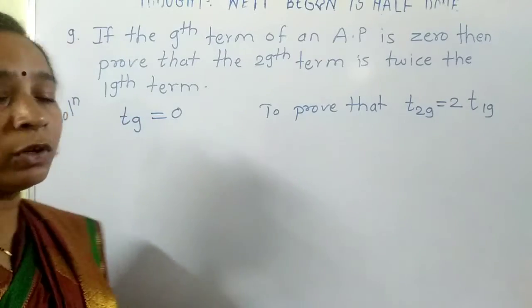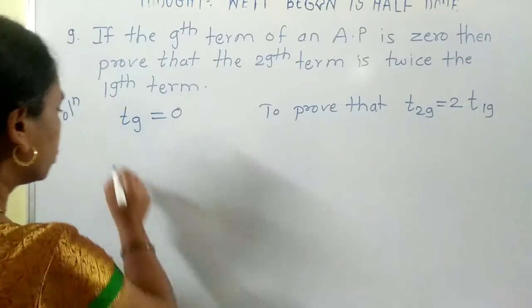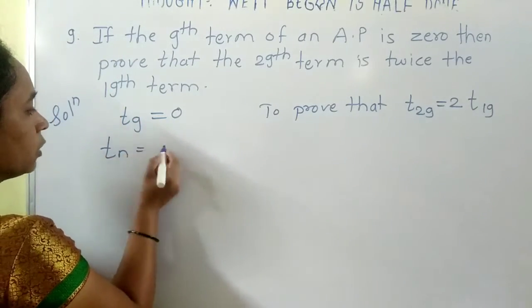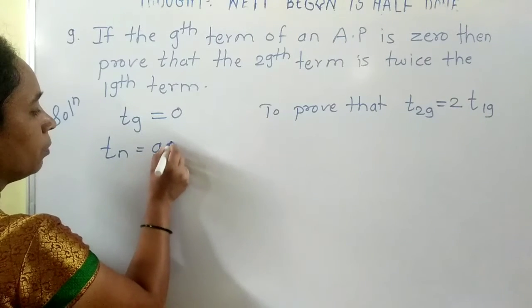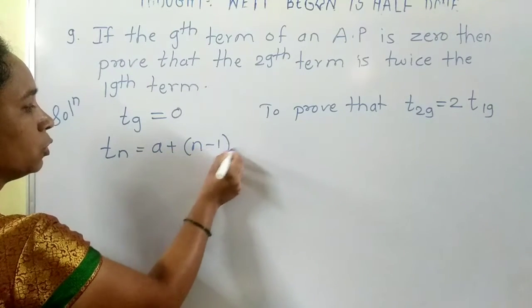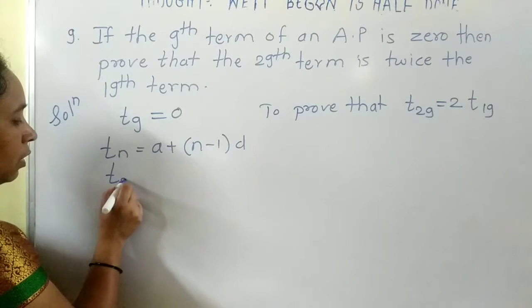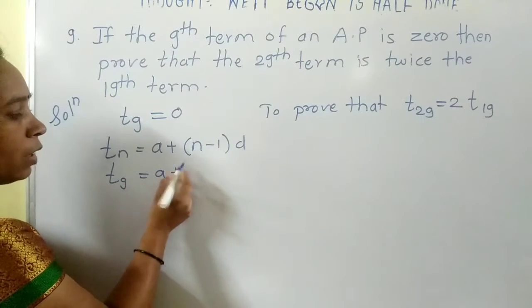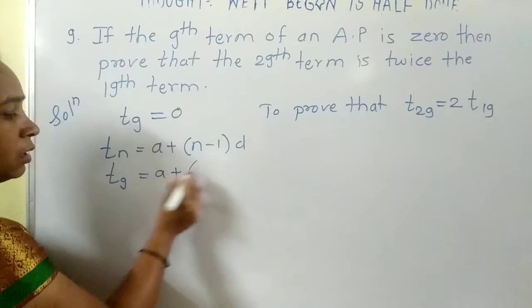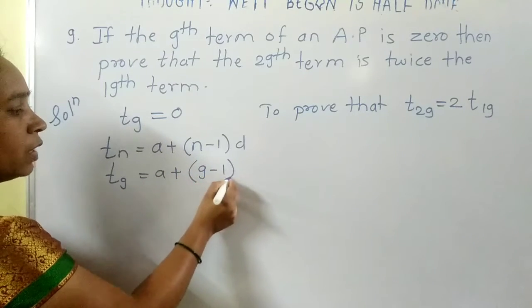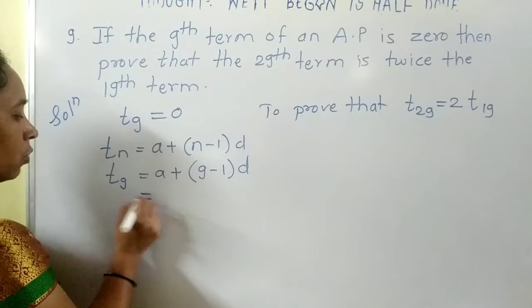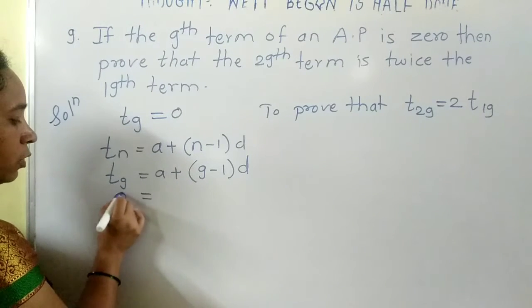Now here I am going to use the formula of Tn. Tn is equal to A plus n minus 1 into D. I will use it for T9. A is unknown, I will keep it as it is. N is 9, so 9 minus 1 into D. T9's value is 0.